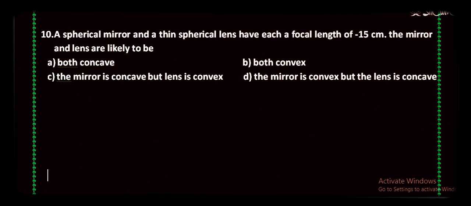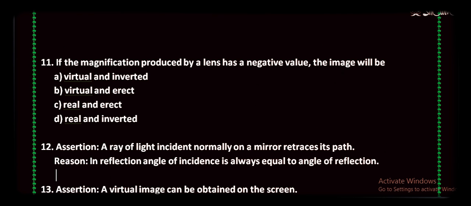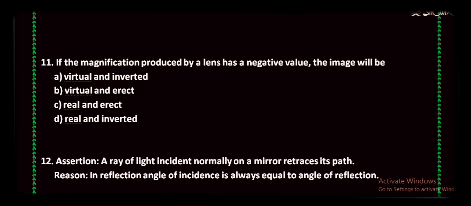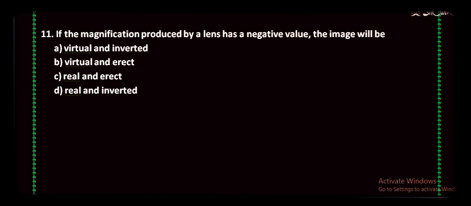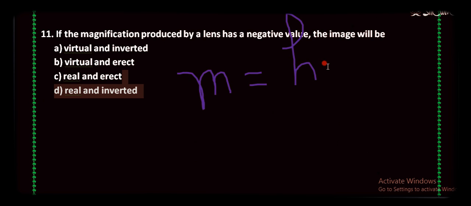Question number 11 is, if magnification produced by the lens has negative value. Either we will discuss the magnification produced by lens or magnification produced by mirror. So magnification is always equal to height of image by height of object.